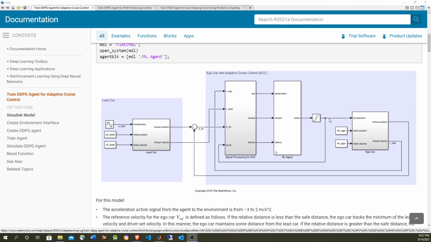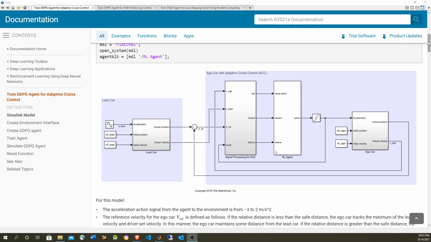So the action is taken, then you have a simulation environment that predicts how the car is going to behave, and then you get the observed data, which could be the position and velocity, and on that you get a reward, which is a formula that you establish. From that, the reinforcement learning agent is going to predict the next action, and that's going to be the acceleration in this case, or it could be a force or any action that you can take on the system.